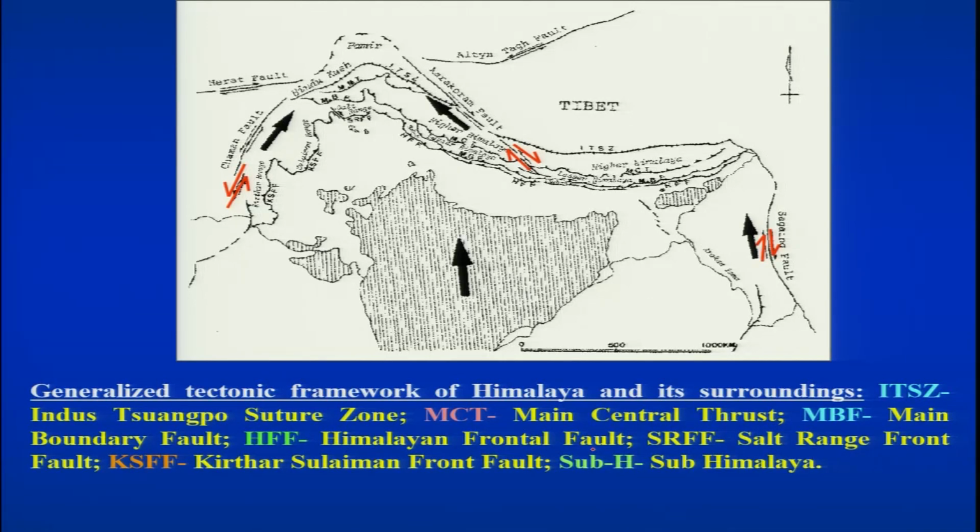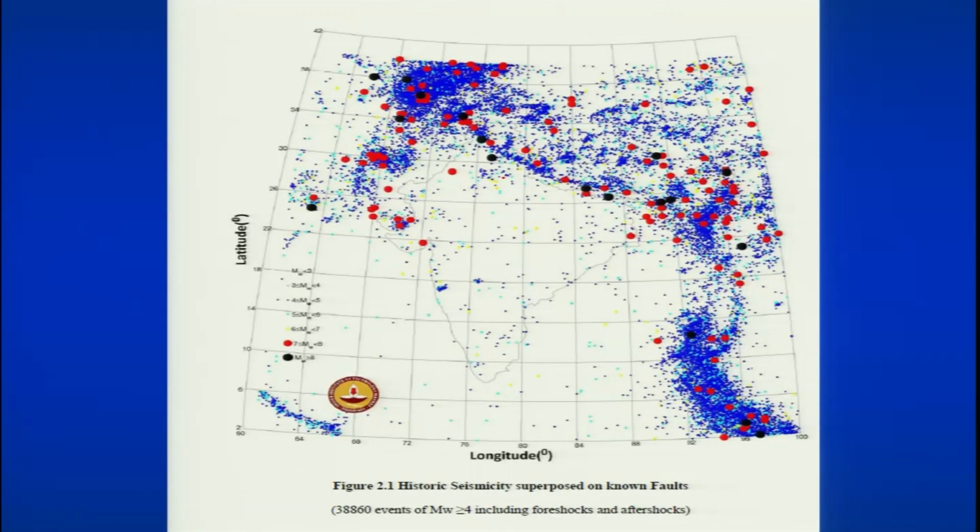And then we have a few more: on this side the Salt Range fault system, and the Kirthar-Suleiman front fault system over here. In the frontal part, this whitish part is the Indo-Gangetic plain, and the sub-Himalaya is sitting over here. The boundary between them is marked by the Himalayan frontal fault system or Himalayan frontal thrust system.